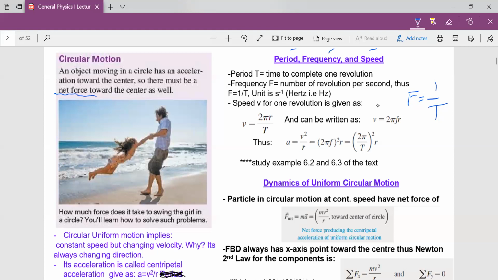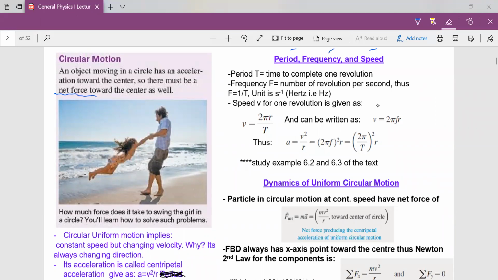So the unit for frequency is per second, because T is measured in seconds, so we have seconds raised to the power minus 1, which is also recognized as the hertz for frequency.